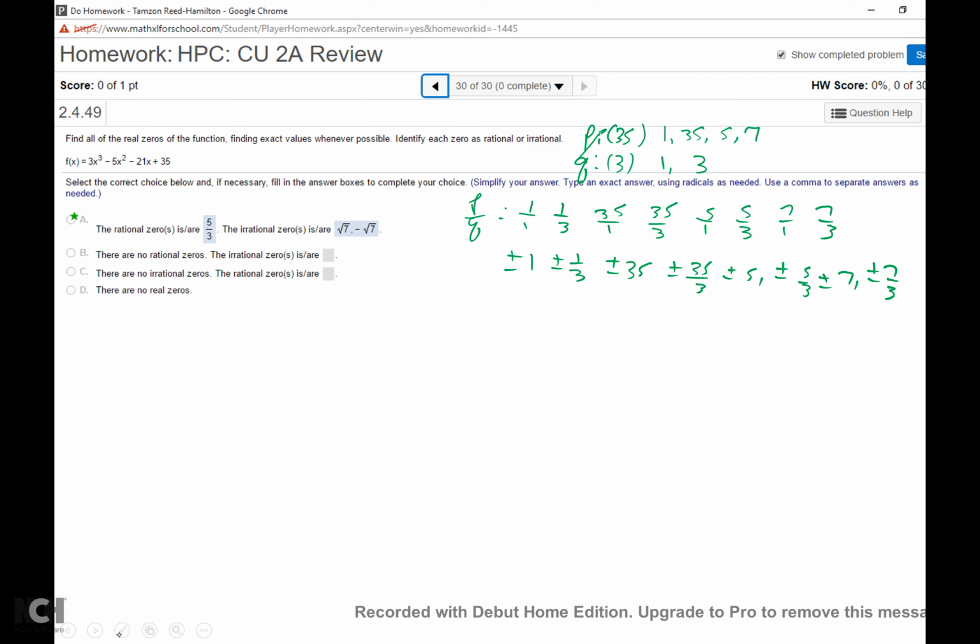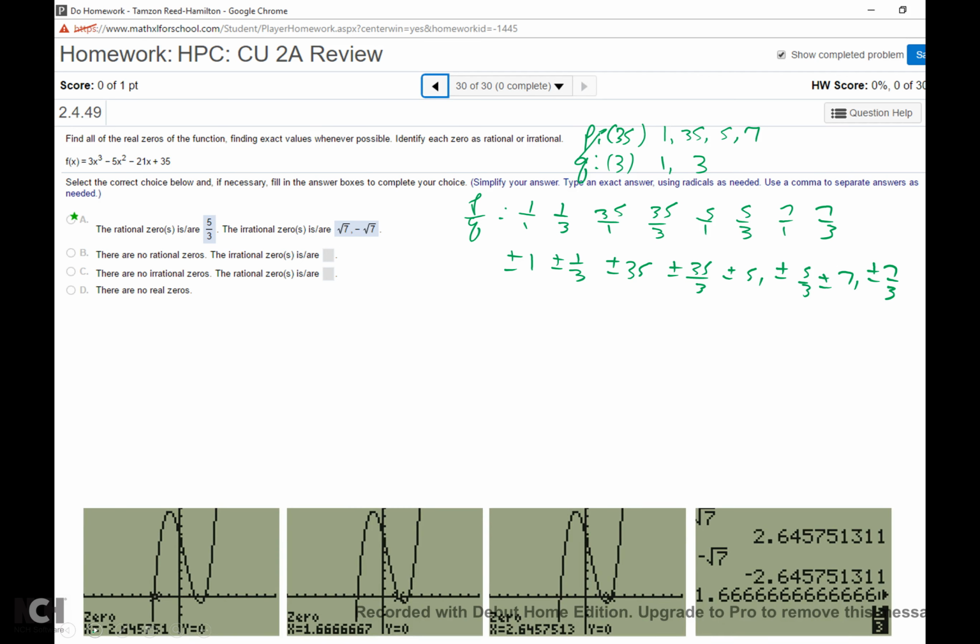I don't want to just start randomly guessing where these cross, so I'm going to use a little bit of technology. I can see that these two are going to be irrational. This one is a repeater.